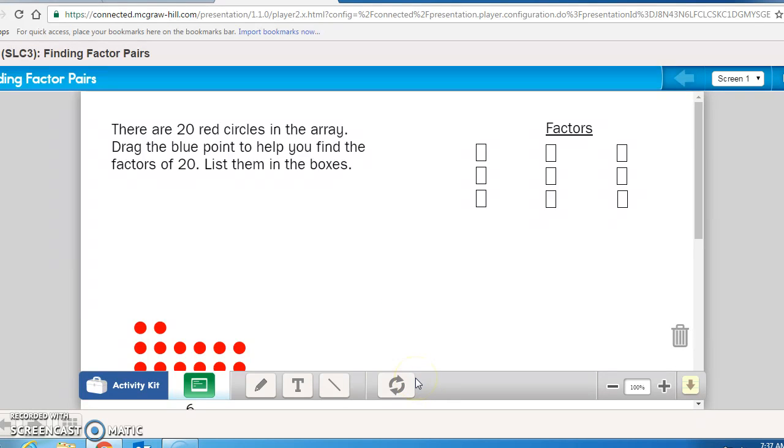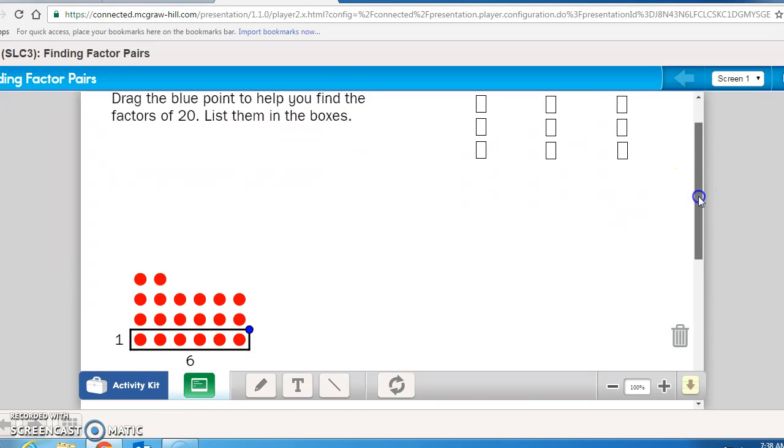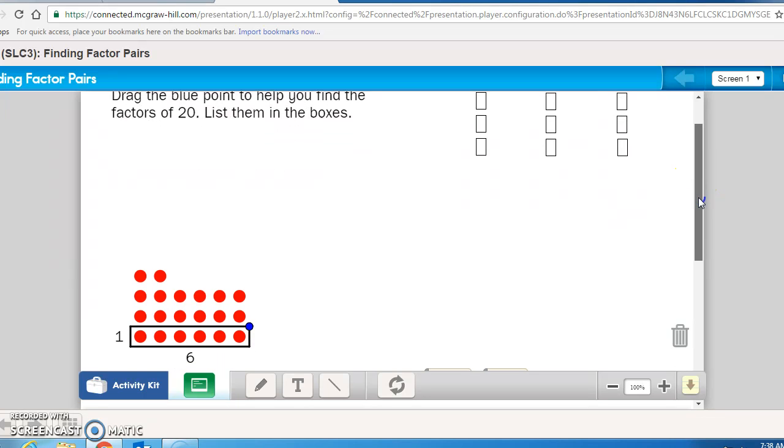So let's take a look at finding factor pairs. If there are 20 red circles in this array, drag the blue point to help you find the factors of 20 and list them in the boxes. Well, you can't really do that because you can't touch it and move it around, so I'm going to help you and do it with you.